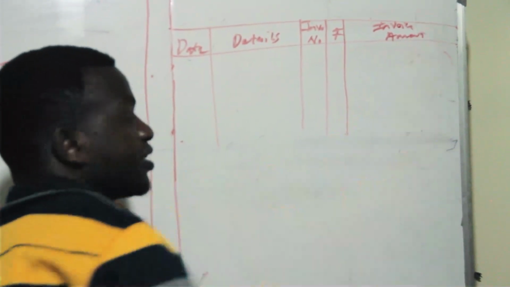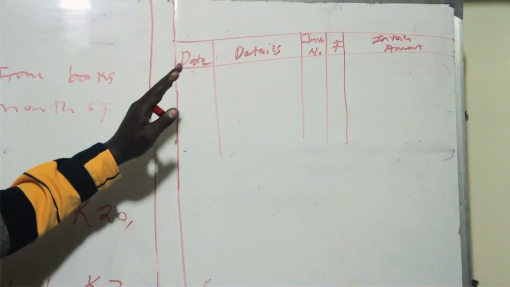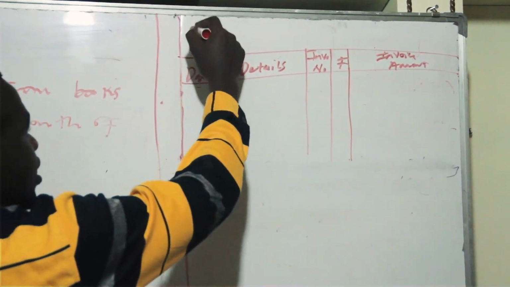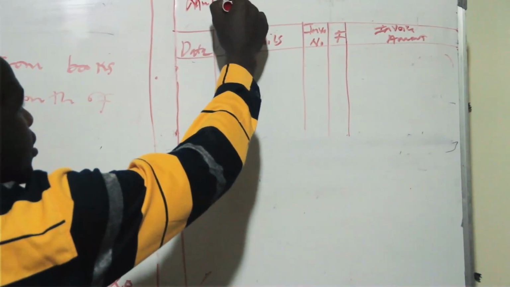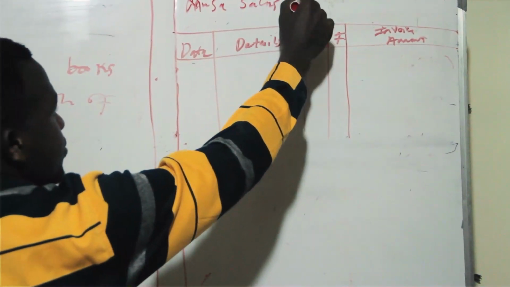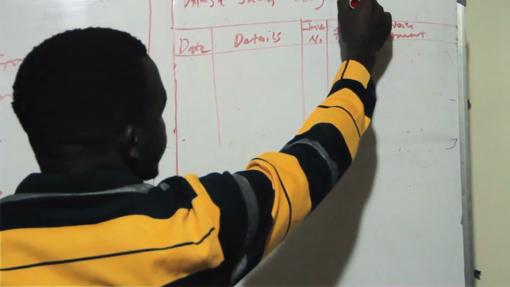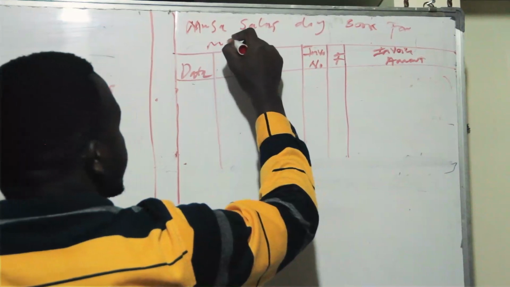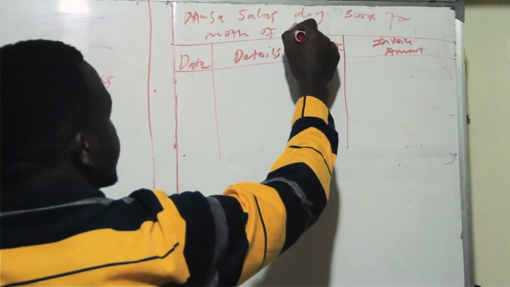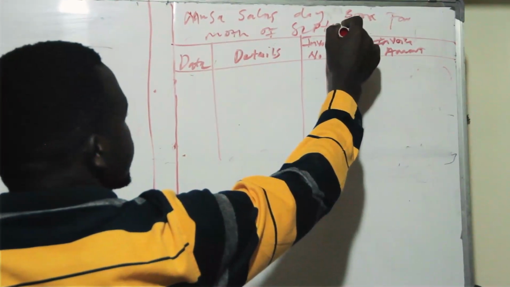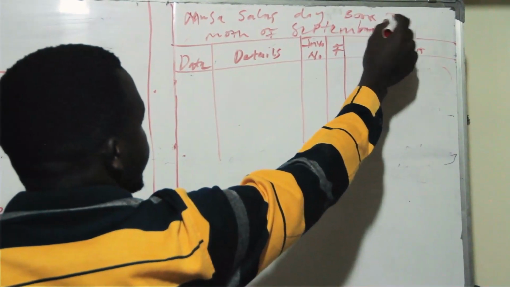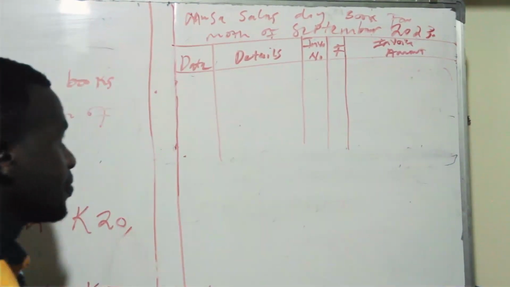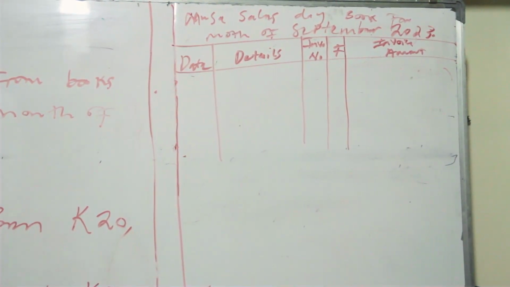The first thing you're supposed to do when recording the sales day book is to put up the title: Musa Sales Day Book for the month of September 2023.